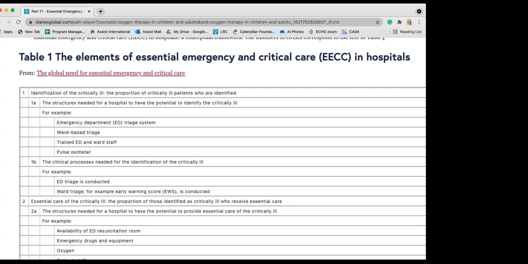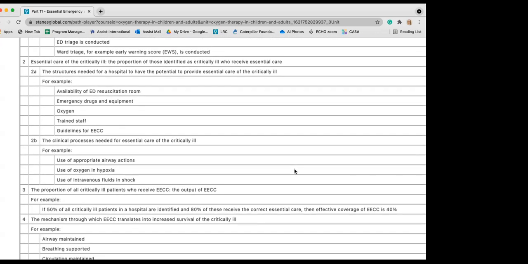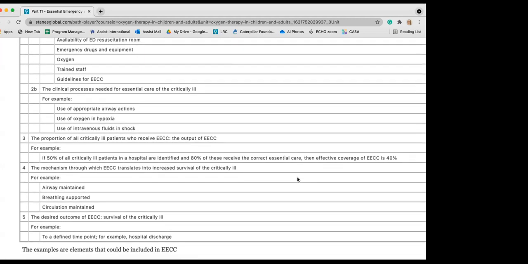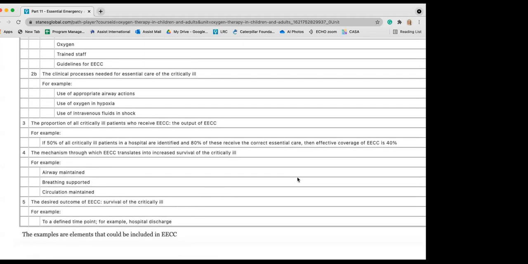So oxygen, and trained staff and guidelines. This is a good list of things we need to have in place, and training on use of appropriate airway equipment, oxygen, IV fluid. As you can see, training is part of it as well.